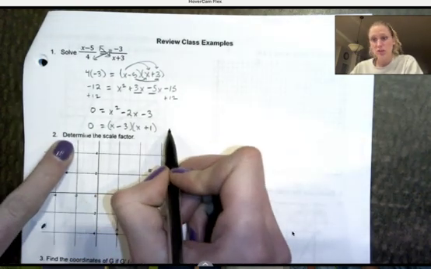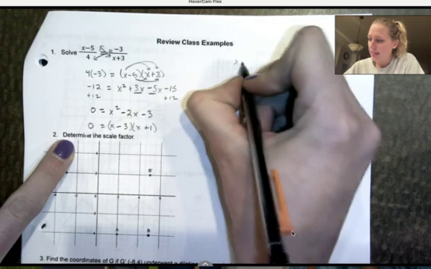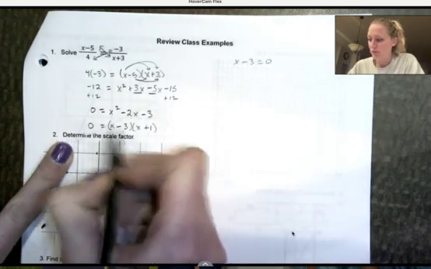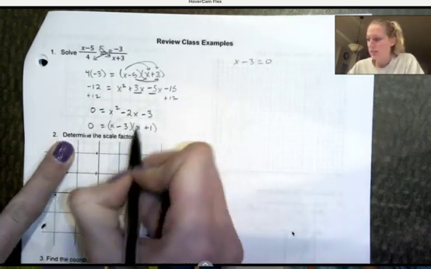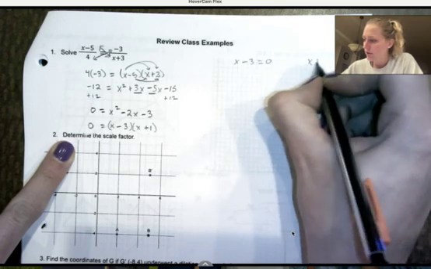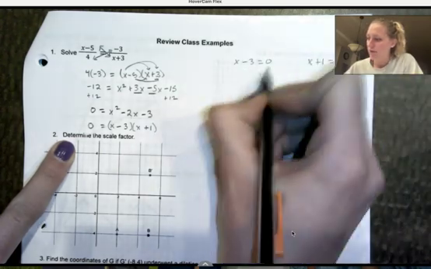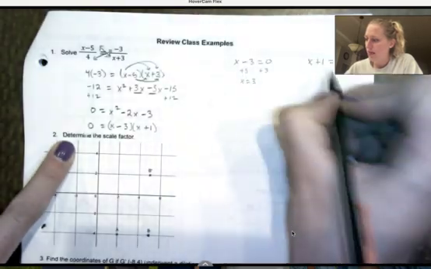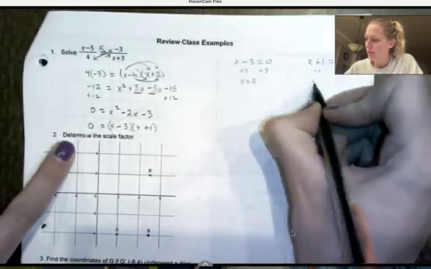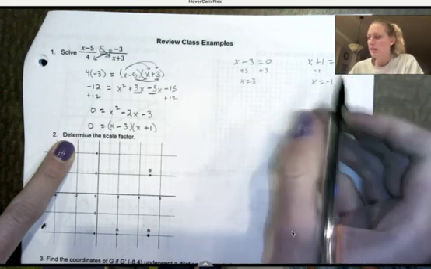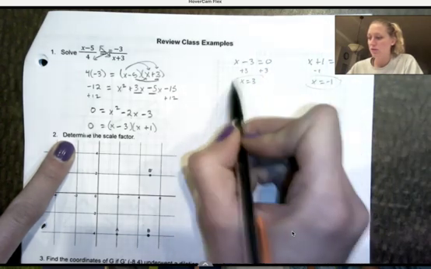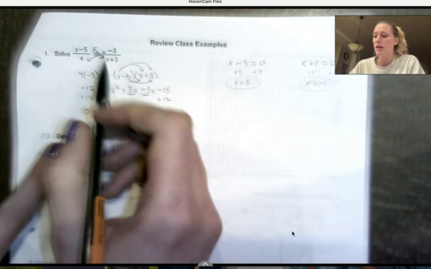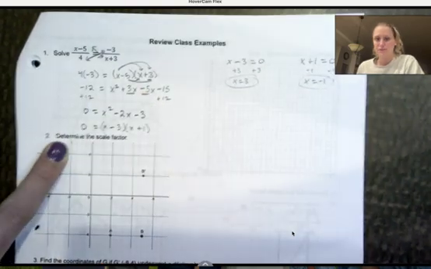Now remember, to solve, I'm going to set each factor equal to 0. Here's one factor, and here's the other factor, and I'm going to solve those independently. I'm going to add 3, so I have x equals 3, and subtract 1 for this equation, and I get x equals negative 1. These are my solutions. X could be 3 or negative 1, and that would make this equation true.